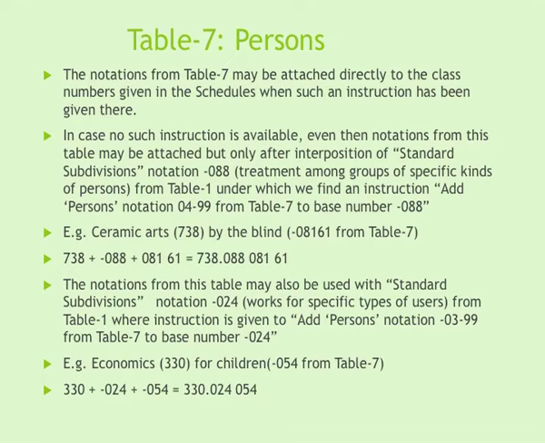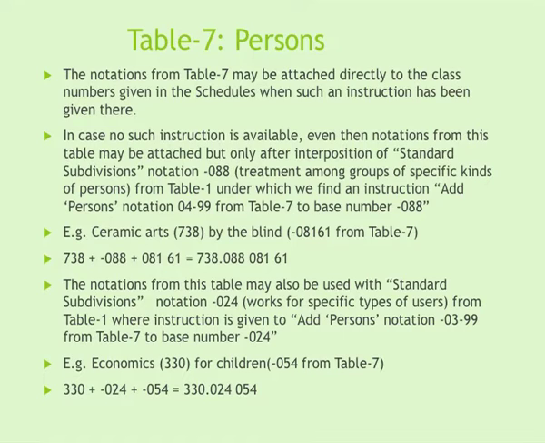Here also we find an instruction under 024 to add table 7 numbers to the 024. So, first we can add 024, then we can add the table 7 number. For example, economics for children: subject economics for a particular class of persons, that is children.